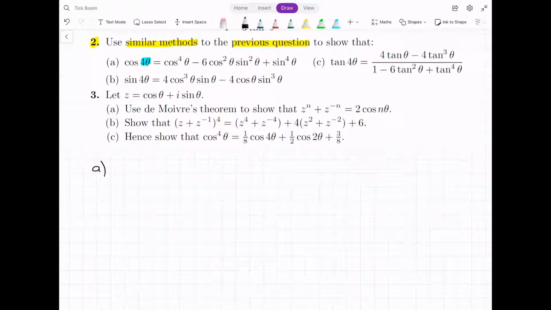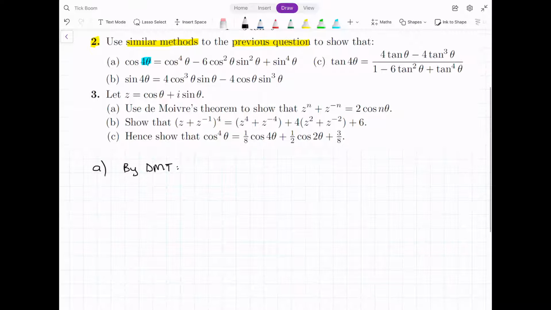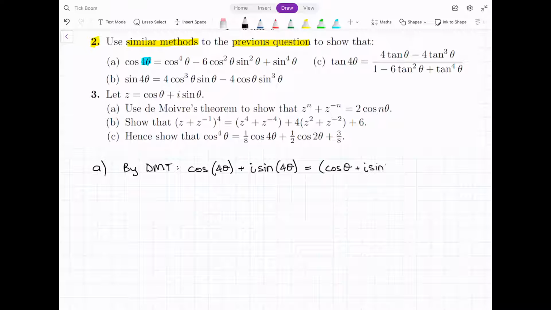So what we'll want to say is we know by de Moivre's theorem, which I'll just call DMT, that the cosine of 4 theta plus i times the sine of 4 theta is equal to the cosine of theta plus i times the sine of theta all to the power of 4.